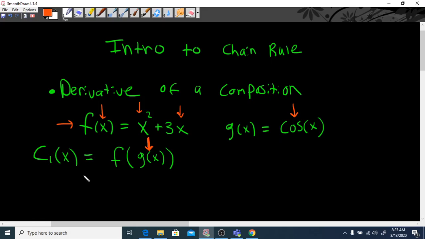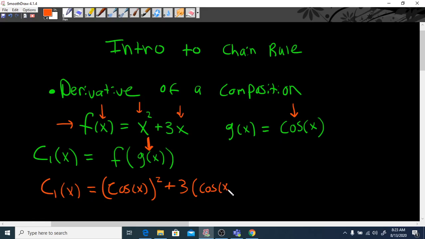Okay, so let's actually write this down now. C1 is going to be, so instead of x squared, the thing I'm going to square is g, and g is cosine. So I'm going to have cosine of x squared plus 3 times cosine x.